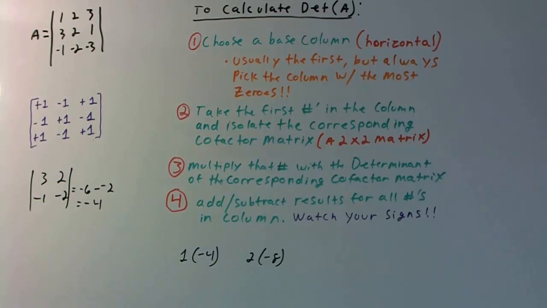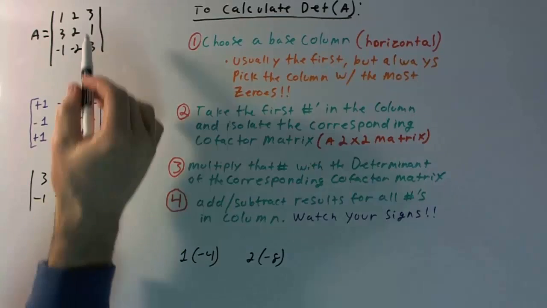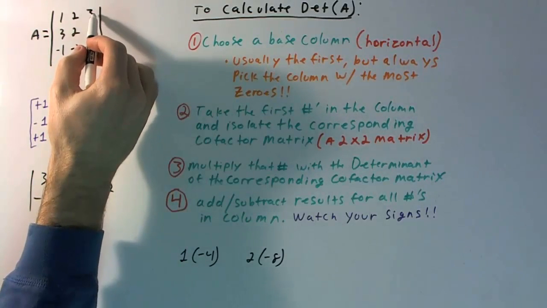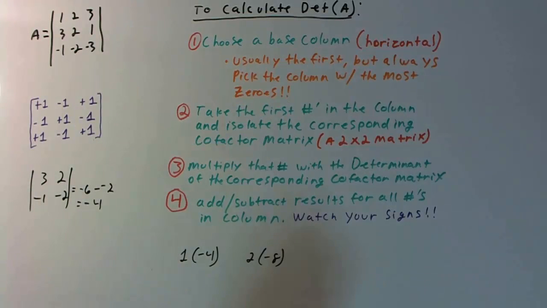And so we take that number, 3, and multiply it by the determinant of the corresponding cofactor matrix, -4. So then we have 3 times -4.